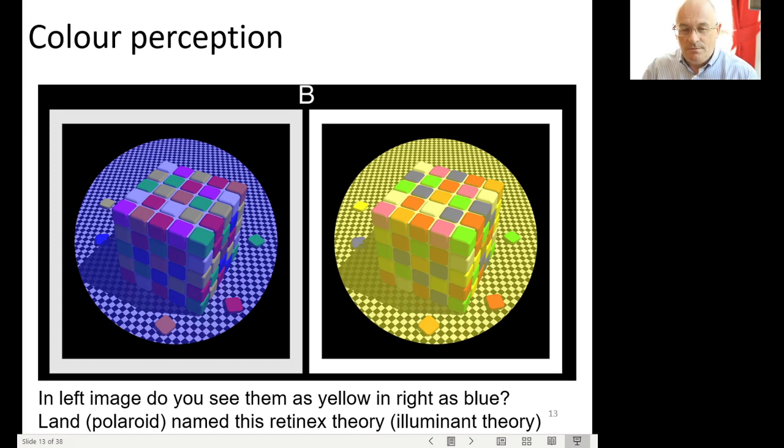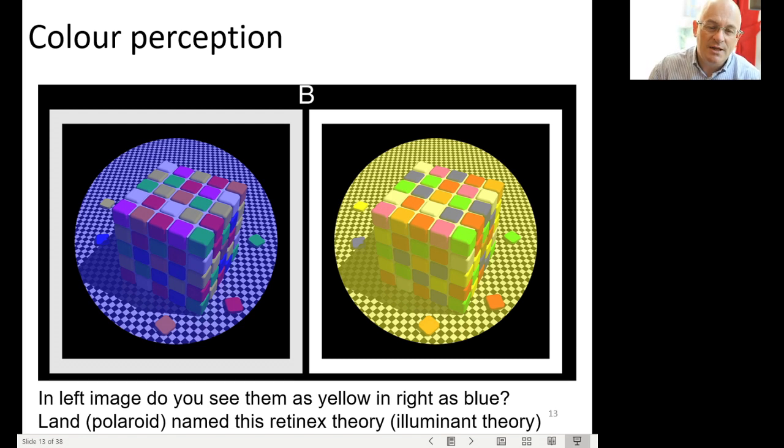Therefore, if I'm seeing a grey square when it's illuminated by a yellow light, actually in real life it must be a blue square. So I'll tell you it's a blue square, and it is almost impossible, if not actually impossible, to change your mind's view of that fact.